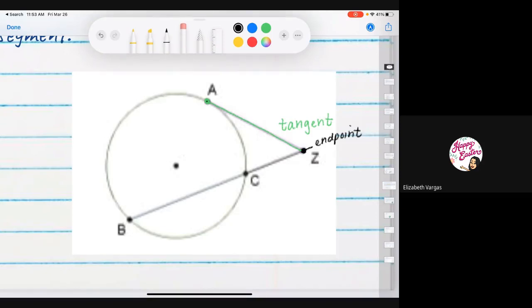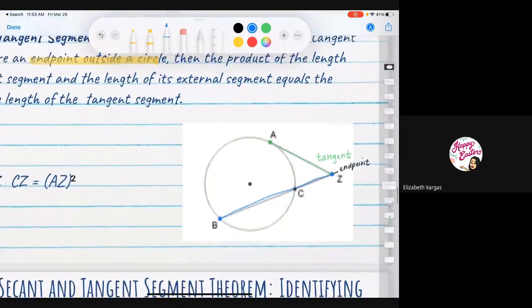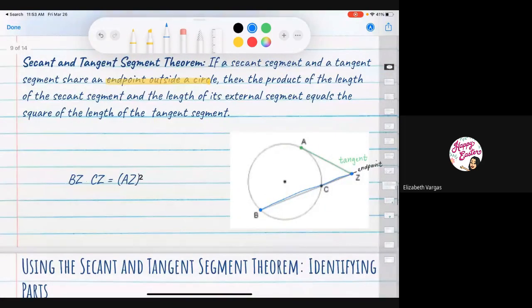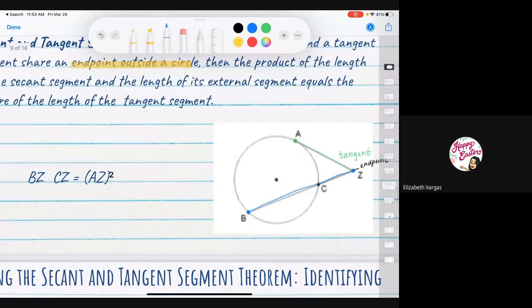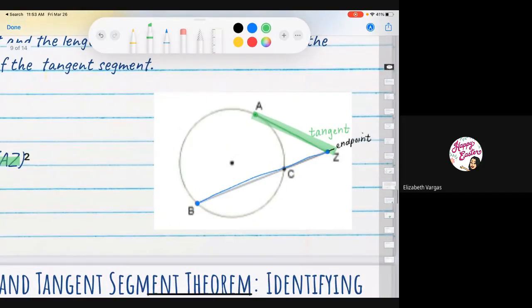So this would be my secant. And so basically what it's saying is that I can square the entire distance of my tangent, so A to Z squared. And that should be equal to the measure of the part of my secant.